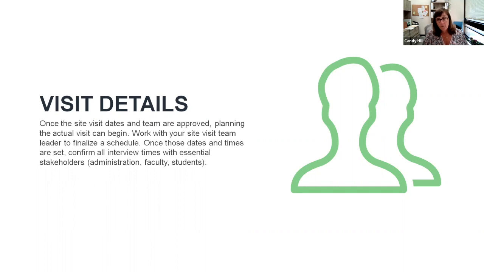If meetings are set up in an alternate method, like through Zoom, then sometimes you could get more people to attend, but they don't really respond very much. They're kind of quiet. But really, just setting up all of your interviews and making sure everybody's on board is pretty much where you're at this point.